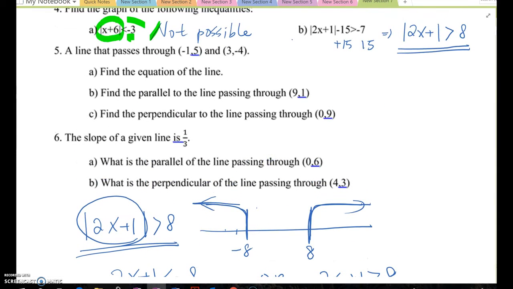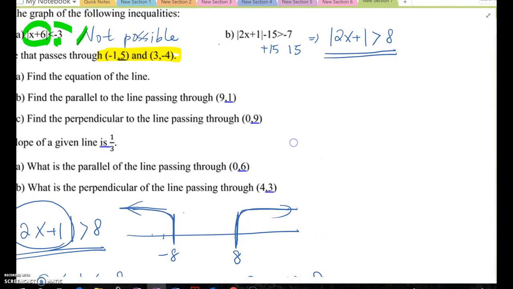Number 5. A line that passes through negative 1, 5 and 3, negative 4. Find the equation of the line. If 2 points are given but nothing else, then we need to find the slope first, and then we can use the point-slope formula and find the equation of the line. So let's find the slope first.